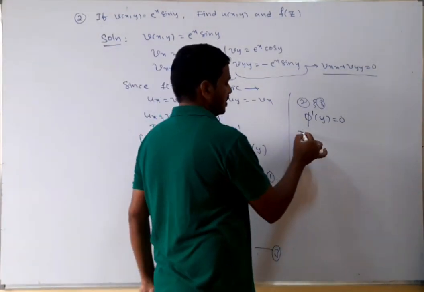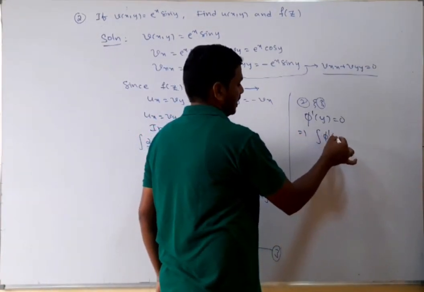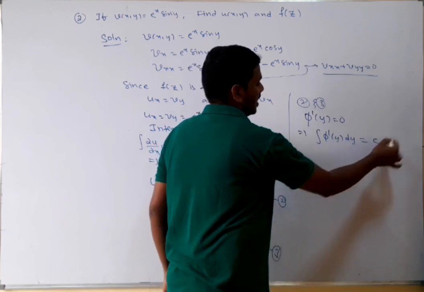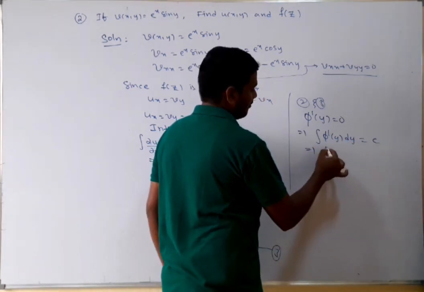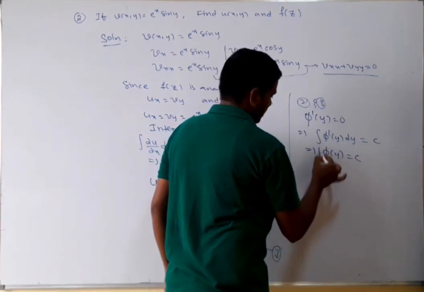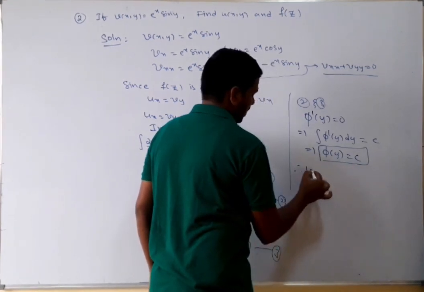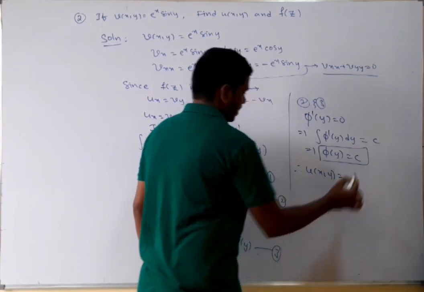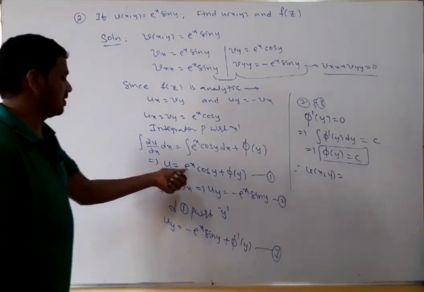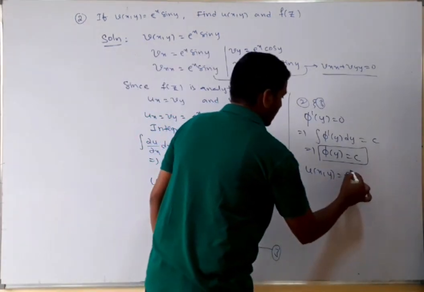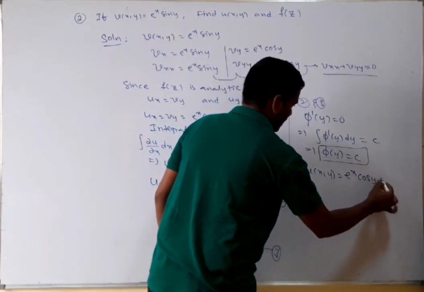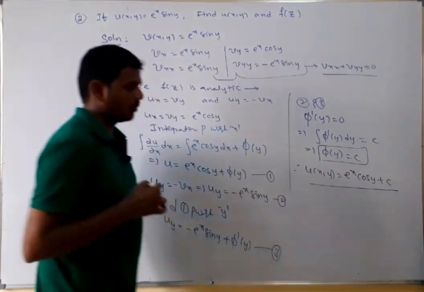Integrating on both sides, the integral of phi dash of y dy is some constant c. So phi of y is equal to c. Therefore u of x comma y is equal to e to the power of x cos y plus c. This is the harmonic conjugate.